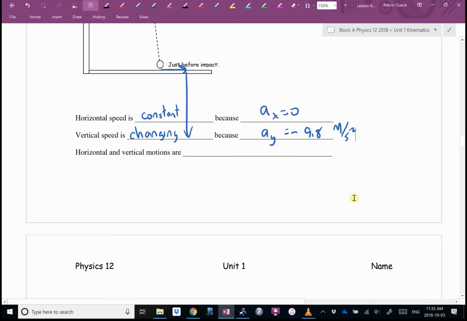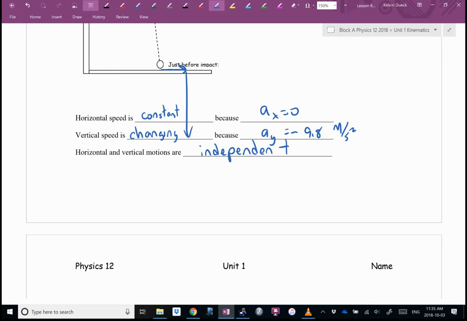Horizontal and vertical motions are independent. What that means is don't you dare put a horizontal into a vertical equation. Don't put a vertical value into a horizontal. Don't put a horizontal value into a vertical. I'll snap, in a nice, loving teacher kind of way.